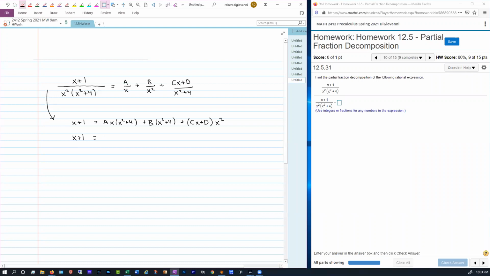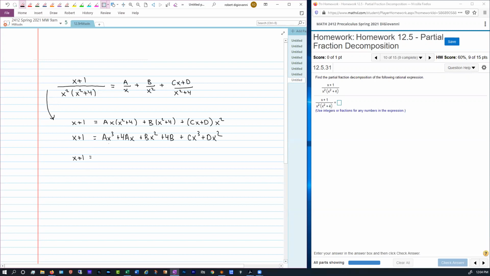Okay, now distribute. So ax cubed plus 4ax. Distribute through. So bx squared plus 4b. And then finally, cx cubed plus dx squared. So that was a pretty simple multiplying that out.